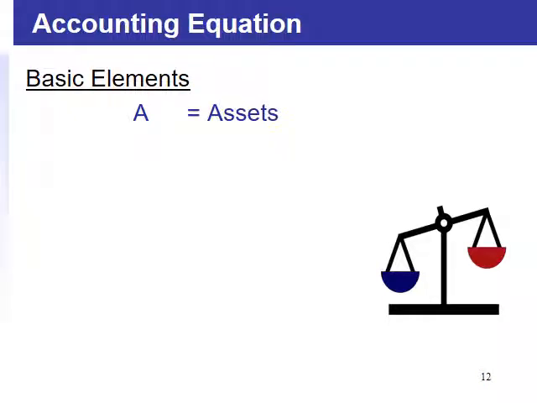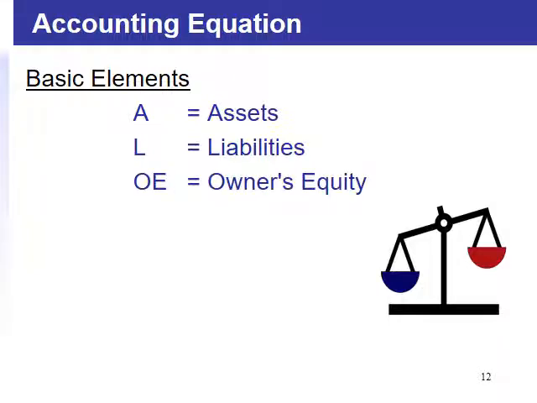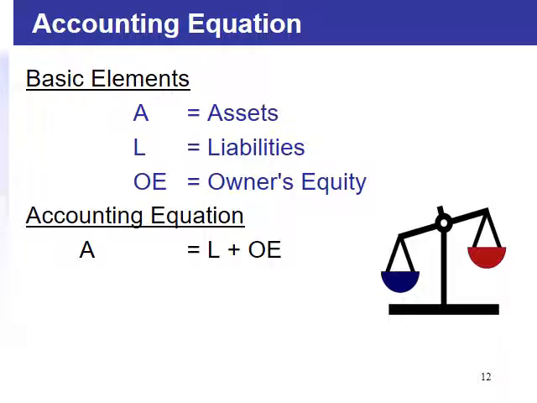Let's go back to the accounting equation. We know there are three basic elements in this equation. A is assets, L is liabilities, OE is owner's equity. For the accounting equation, we know that A equals L plus OE, or you can move it around and OE equals A minus L, or L equals A minus OE.